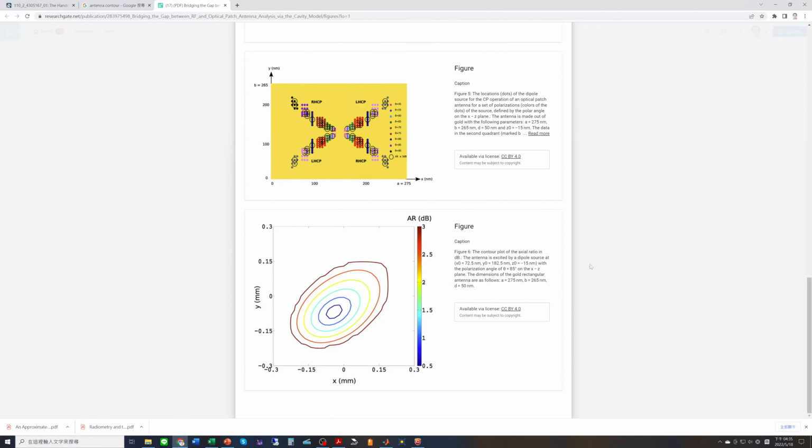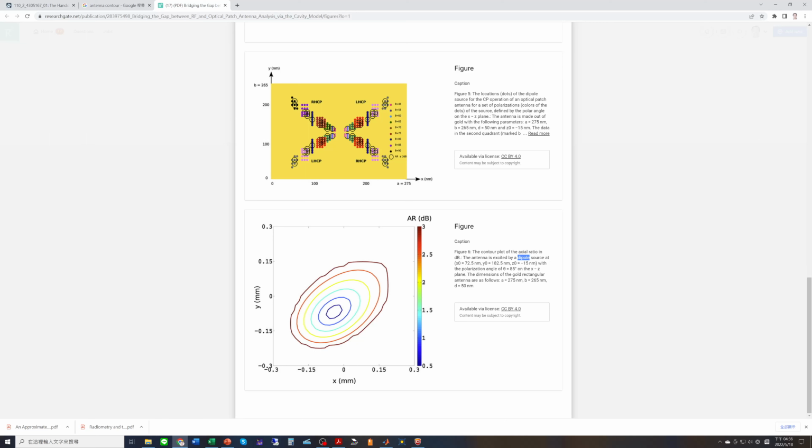In this figure, the antenna is excited by a dipole source. If you do not understand what a dipole source is, it is okay, because it is not the key point here. There are some coordinates, x0, y0 and 0.